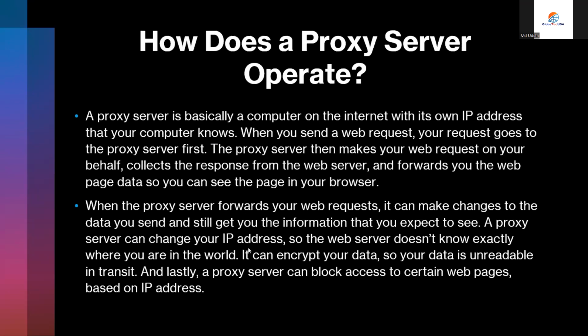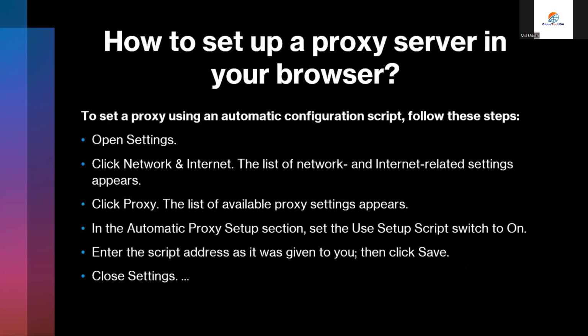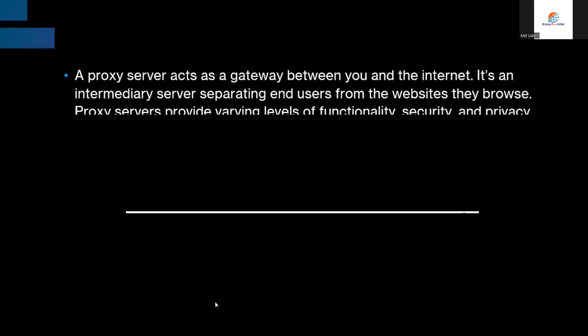A proxy server can change your IP address so the web server does not know exactly where you are in the world. It can encrypt your data so your data is unavailable. Another good thing about using a proxy server is that it will not show the actual IP address of your computer to the web server, because when it sends the request, it gives a different IP address.